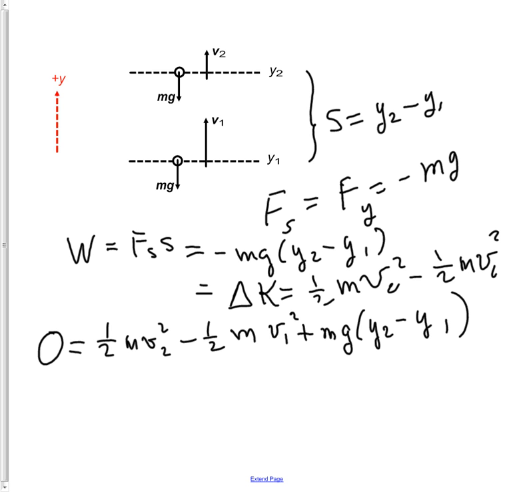Now, if you've looked at the previous video, you see that this quantity is what we called u2 minus u1. Okay?